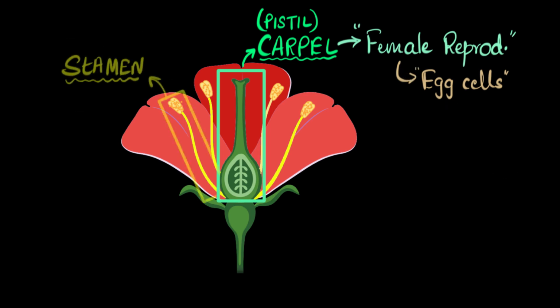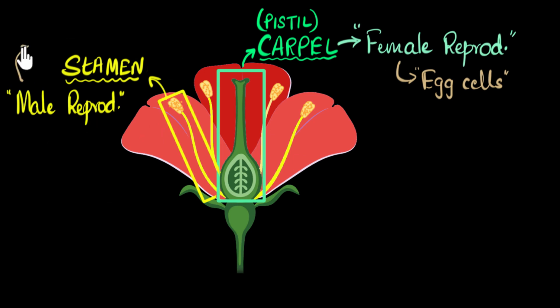The next one would be stamen. So these are the stamen. We have 4 stamens in our flower. The stamen are the male reproductive parts. So let me write that over here. All right. So the stamen are the male reproductive part. Any guesses why it's called the male reproductive part?